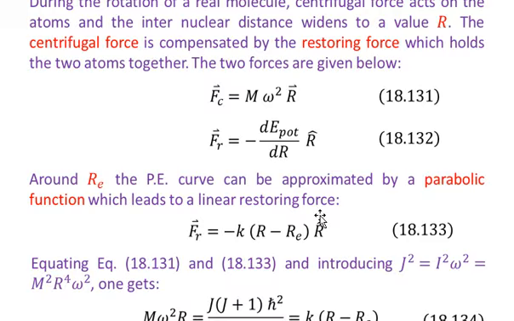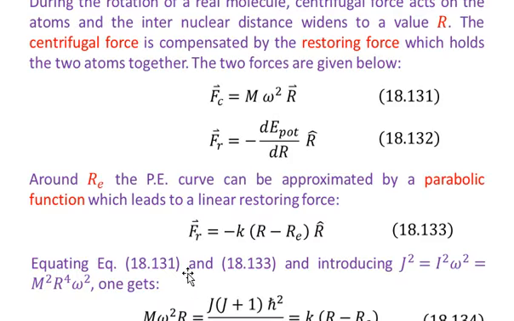So if you assume that the potential energy E pot is of the type of a parabolic function, and differentiate it, you will get the restoring force Fr equal to minus K into (r minus Re) multiplied by the unit vector r hat.